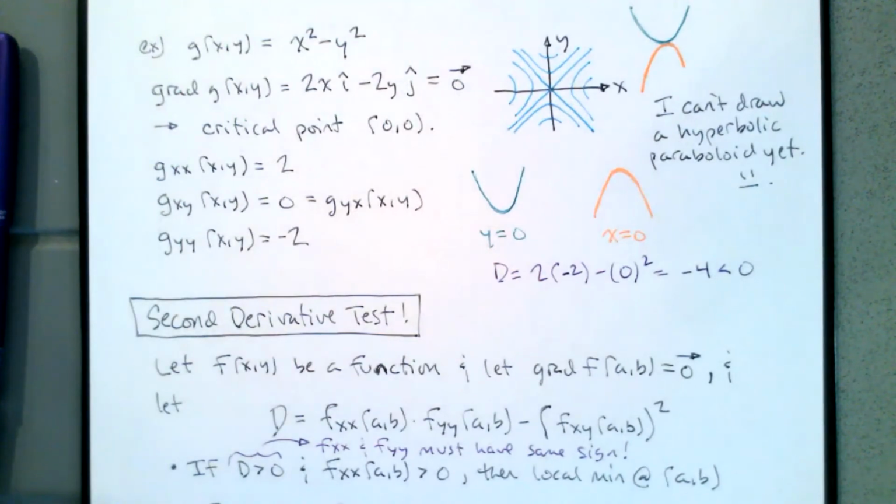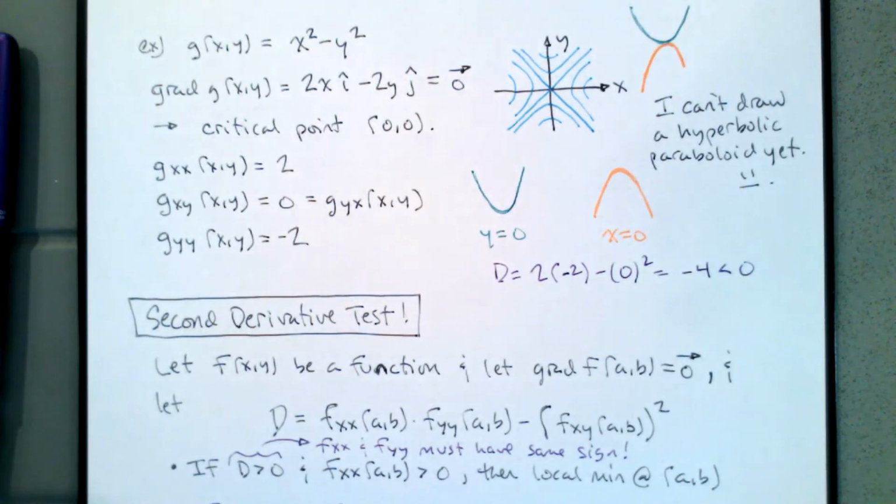D was negative, we have a saddle point. Intuitively, this makes sense because we have concave up in one direction and concave down in the other direction.